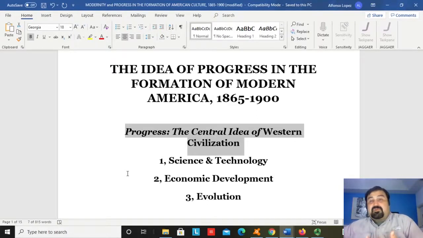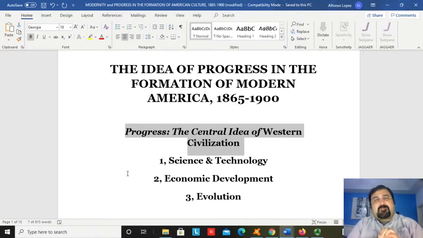So the very first signs of modernization occurred in Europe, and it spread into North America, to the United States, later in the 1800s, the 19th century. And it is in this region, in Western Europe and also in North America, where we're going to see the idea of progress flourishing.